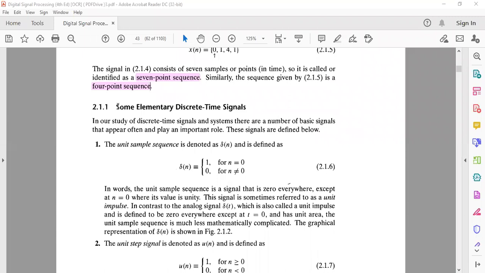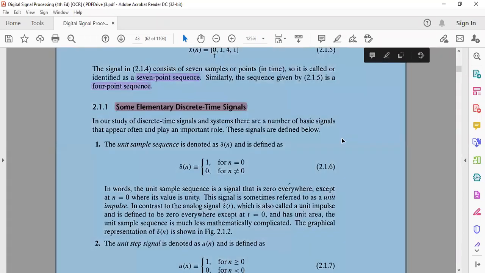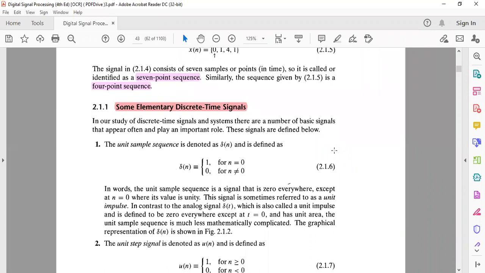So let's look at some elementary discrete time signals. What do we mean by elementary discrete time signals? Maybe the most common discrete time signals. The most common, the most used, the basic time signals.